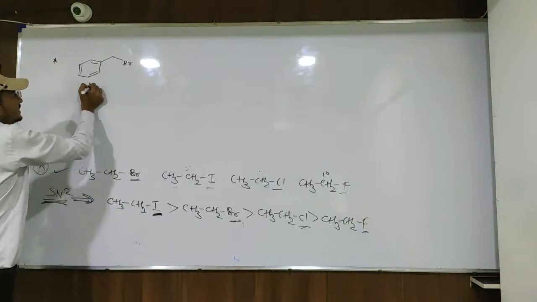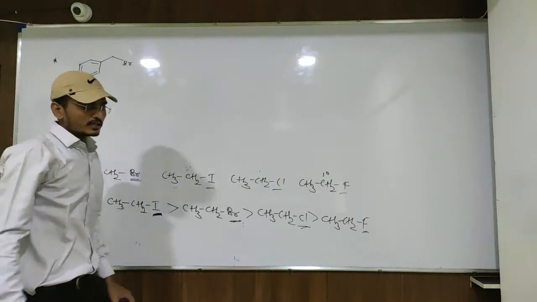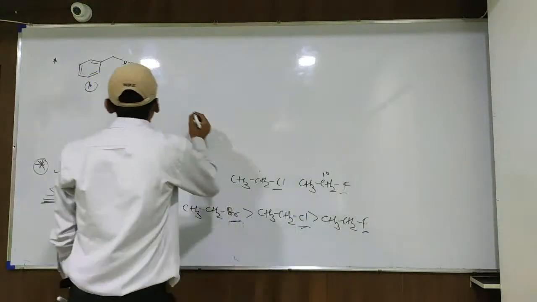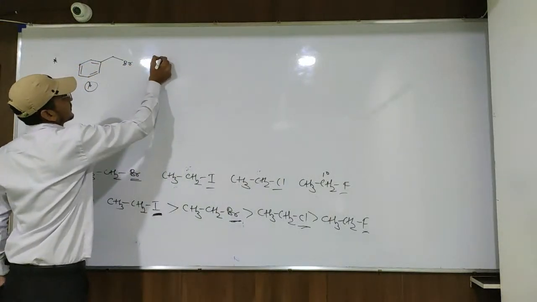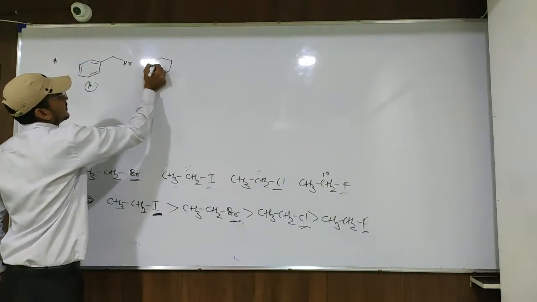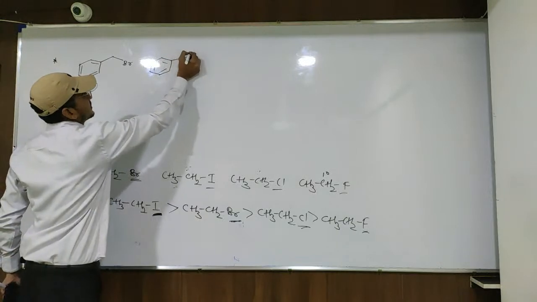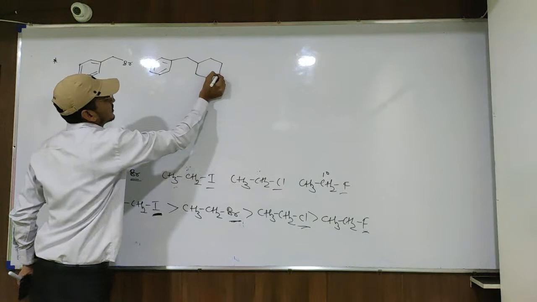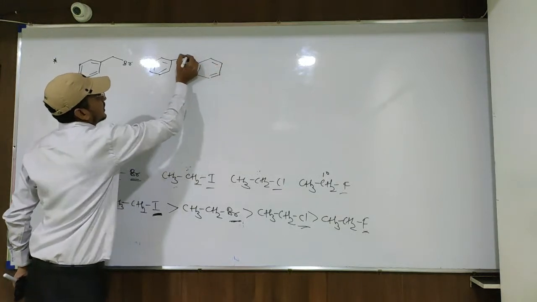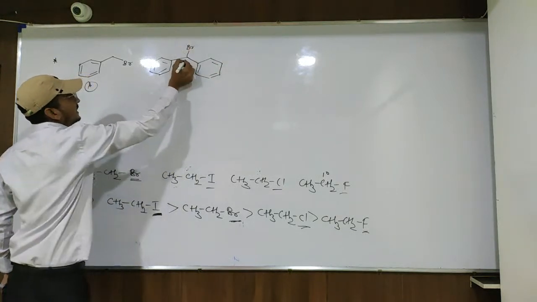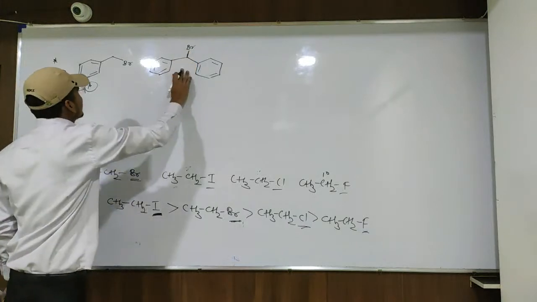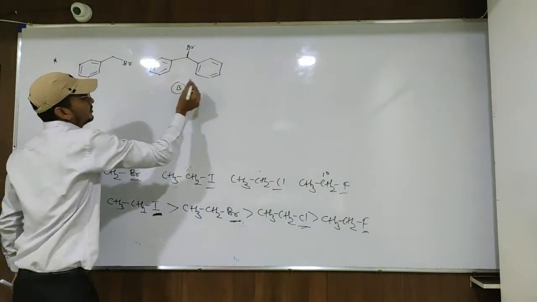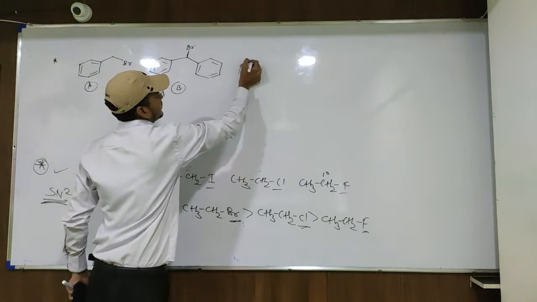The next one, so I say it is the A molecule. Next molecule here, so I take here secondary. So this is the secondary. Okay. And here Br. All contain bromine, but this is the secondary. So this is the B molecule. Next one here.